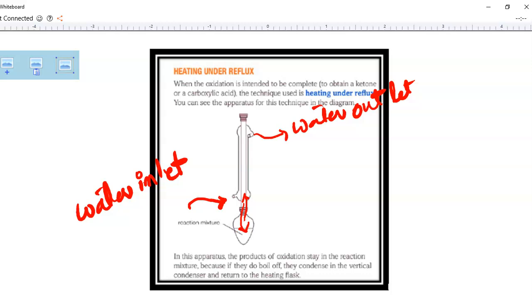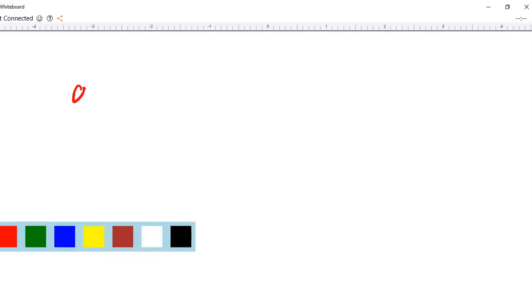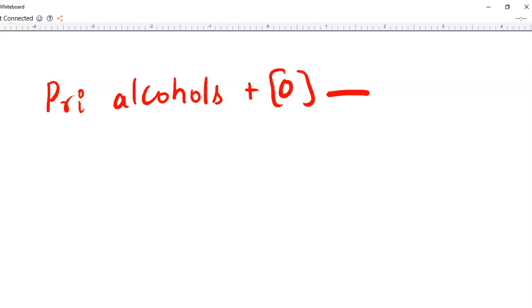Now next thing, when we talk about aldehyde, when we talk about the conversion of primary alcohols into aldehyde, we will not use this technique of heating under reflux.